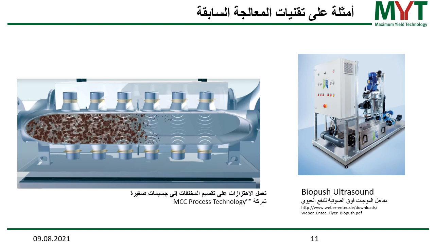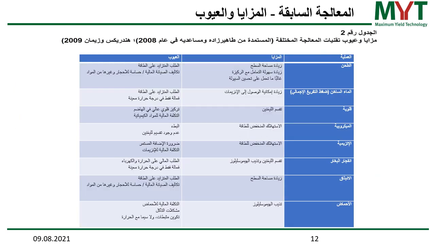So by looking at the principle of these systems, you can already deduce if this would be a good choice for your substrate. So not all of these pretreatment technologies are a very good application to your specific substrate. When looking at advantages and disadvantages of different pretreatment technologies, there's an overview here.